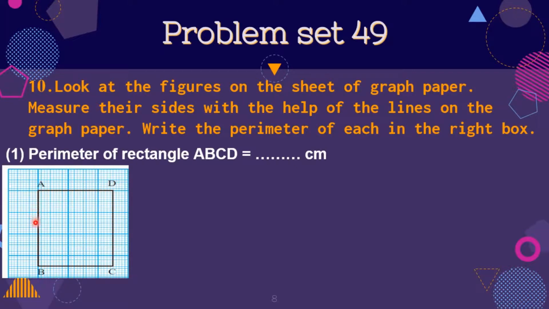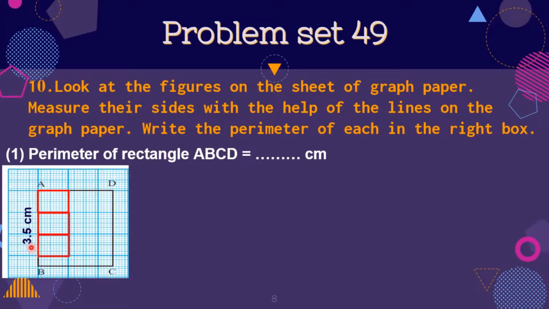One square on the graph paper is of 1 centimeter, and you can see along the length AB we can see there are 3 complete squares. After that there are 5 lines on the graph sheet. So we say the length of this rectangle is 3.5 centimeter.